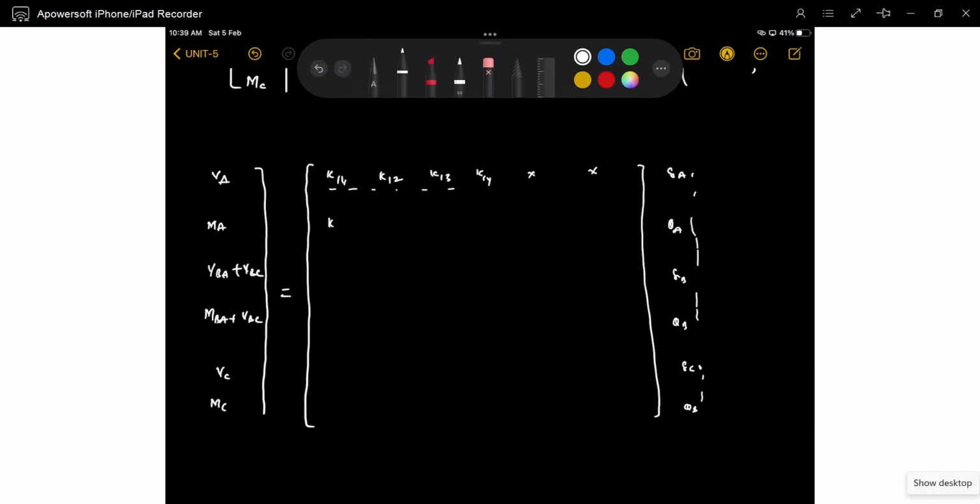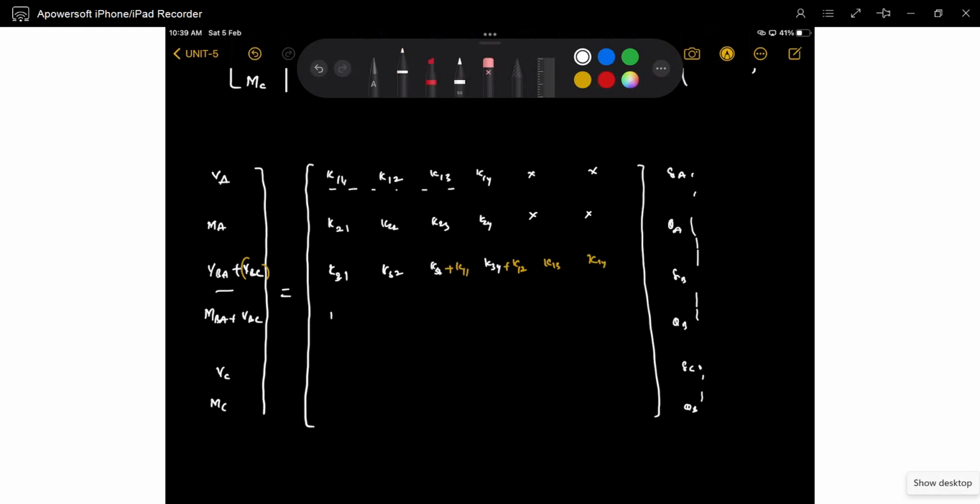Next, 2 1, 2 2, 2 3, 2 4, those are the moment also. For this you have to add both: k31, k32, k33, k34, and for BC you add k11, k12, k13, k14. Just add it and that's it.